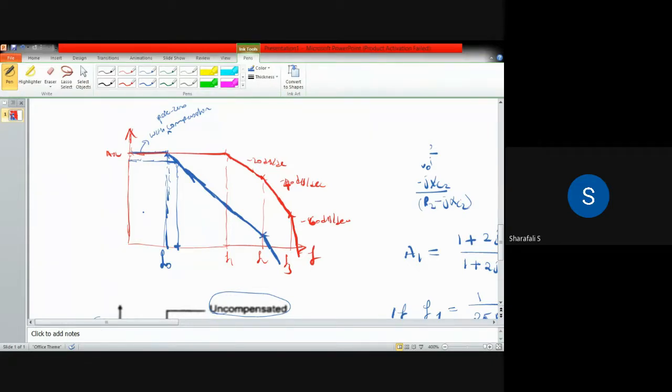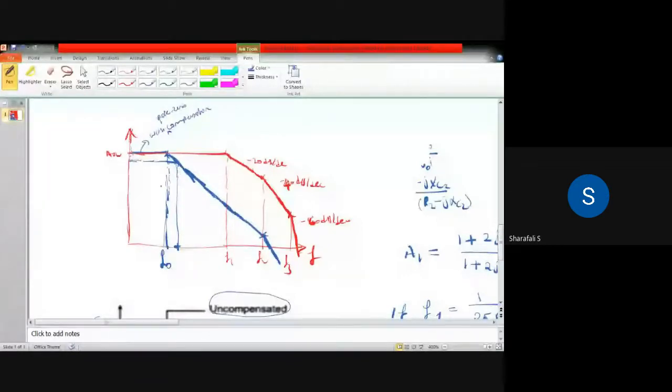But as compared to the uncompensated network, the bandwidth is still less. Then we have to look for the internal compensation technique, also called Miller compensation, to get a wide bandwidth. That we will not discuss because it is not in your syllabus. So here we have a larger bandwidth than the dominant pole. That is the advantage of pole zero compensation.